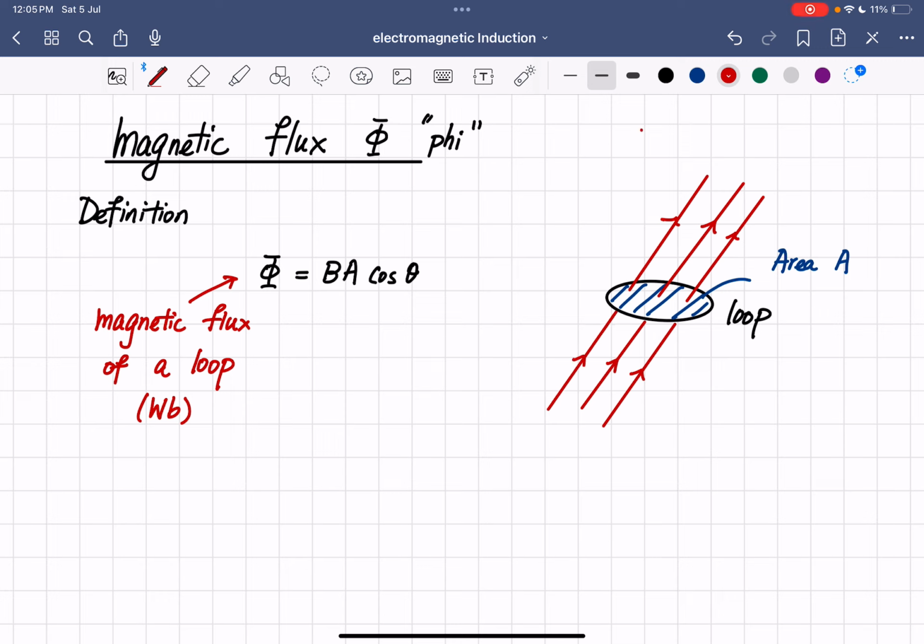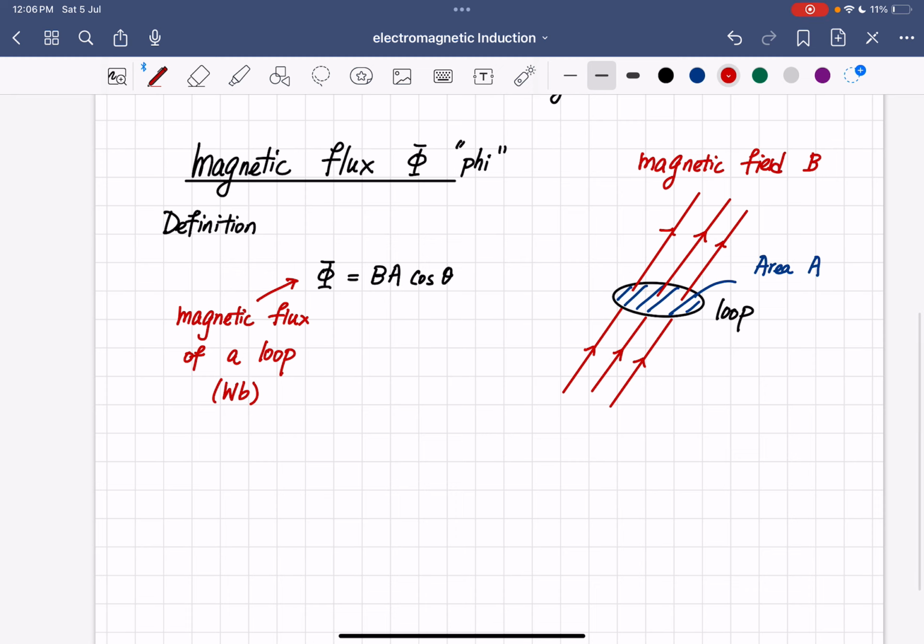So this is the magnetic field B, the magnetic field strength.